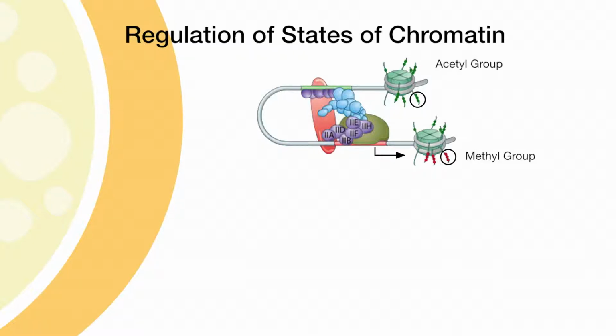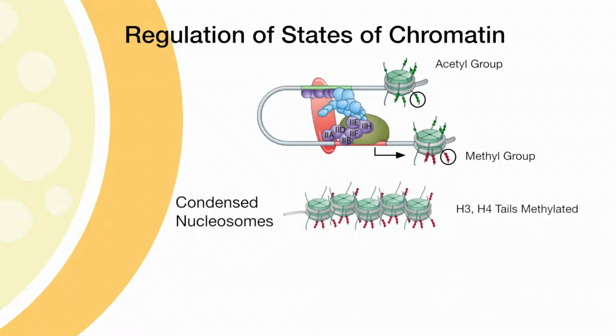So right here, in a condensed nucleosome state, you see these little lines coming off of these histone nucleosome structures. On those tails are these small molecules, represented here as methylated additions. This establishes this condensed configuration.